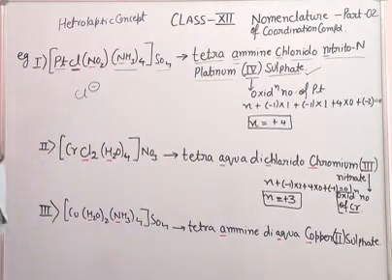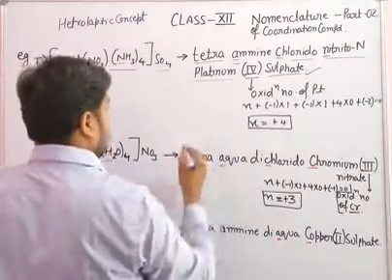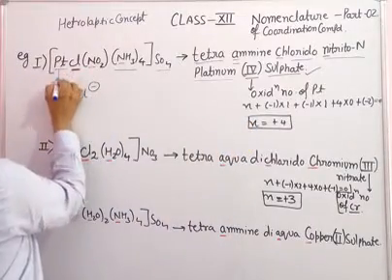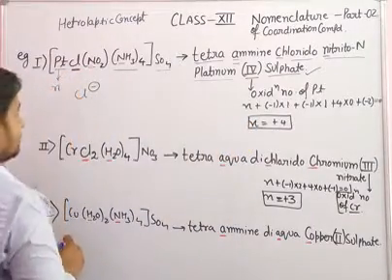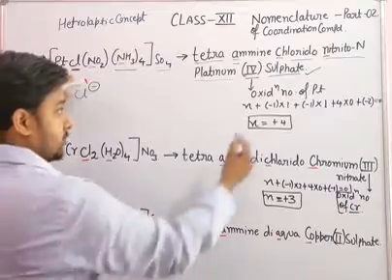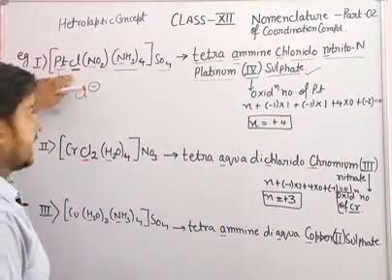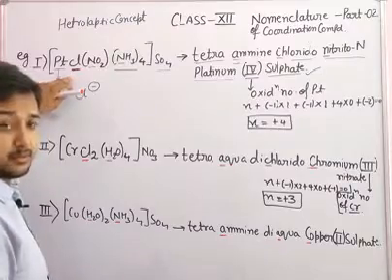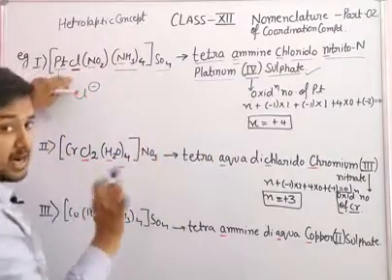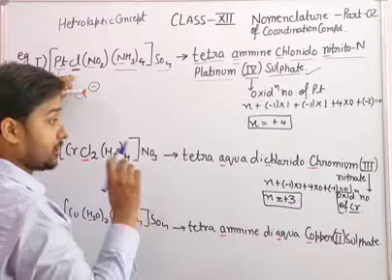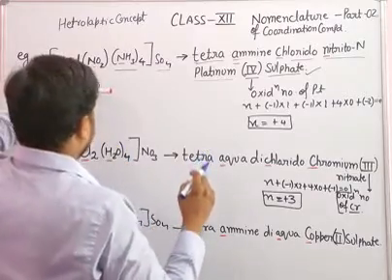How to calculate the oxidation number of the platinum? For the platinum we will consider it as X. Cl will be -1, so -1 into 1. The -1 is the charge of the chlorine, and the 1 is the counting of the chlorine.